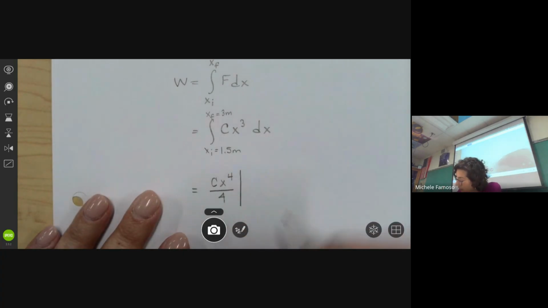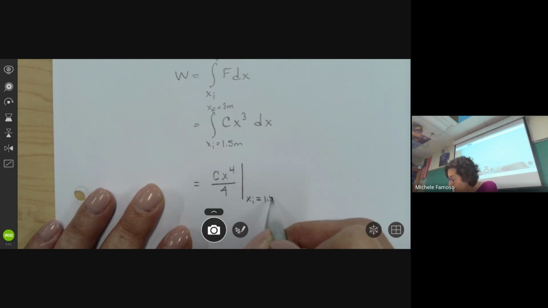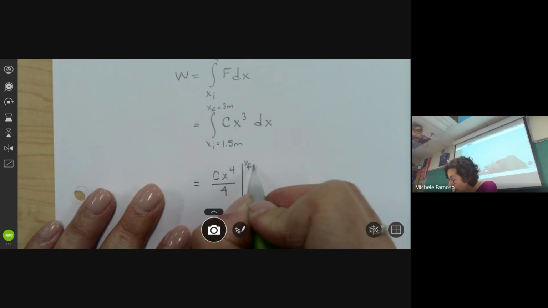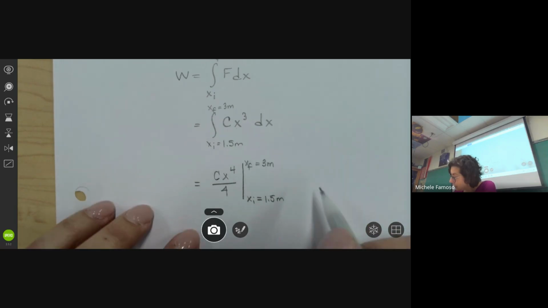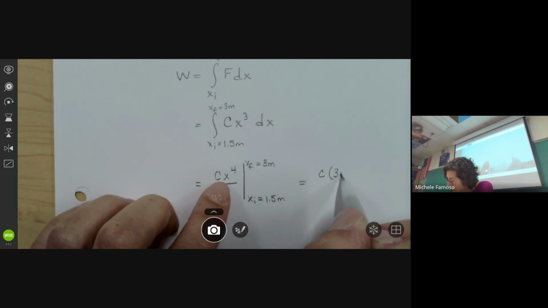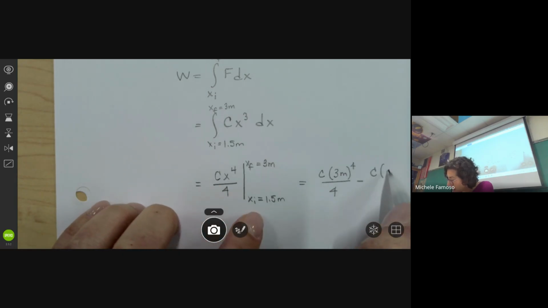I'm now going to evaluate that between my initial position of 1.5 meters and my final position of 3 meters. This is the notation you use to show what you're evaluating between. Now we're going to work that out. So that would be c times 3 meters to the 4th power over 4 minus c times 1.5 meters to the 4th power over 4.